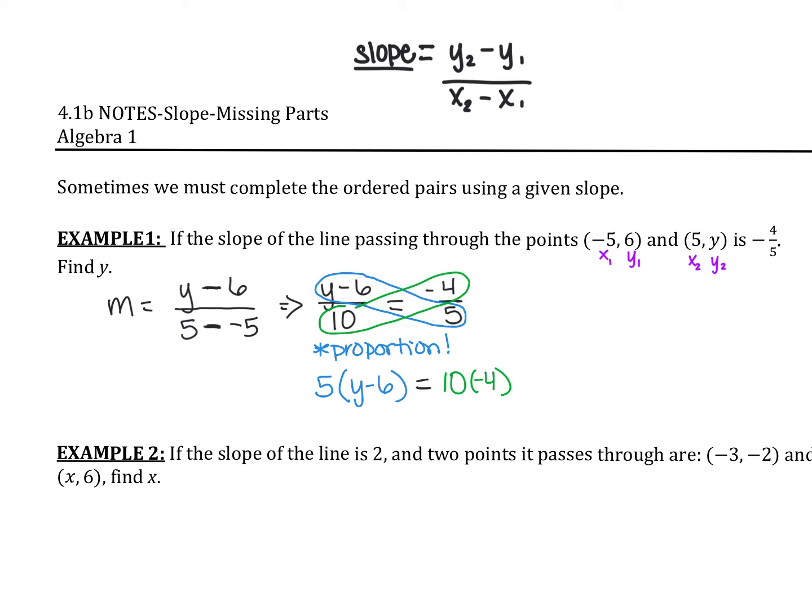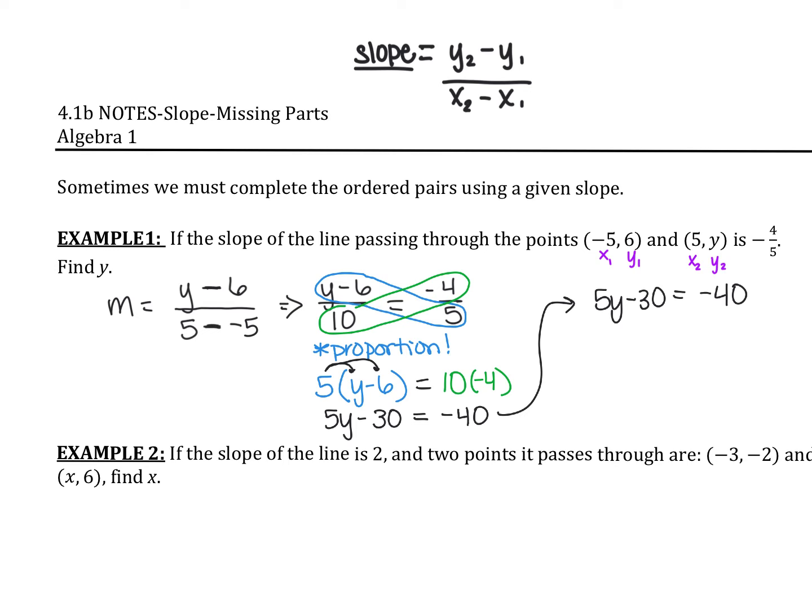Great. So now let's do the math. This proportion means we need to distribute. So we get 5y minus 30 equals -40. Okay, let's bring this up here because I kind of ran over room. 5y minus 30 equals -40. All right, it's an equation. Now I just solve.